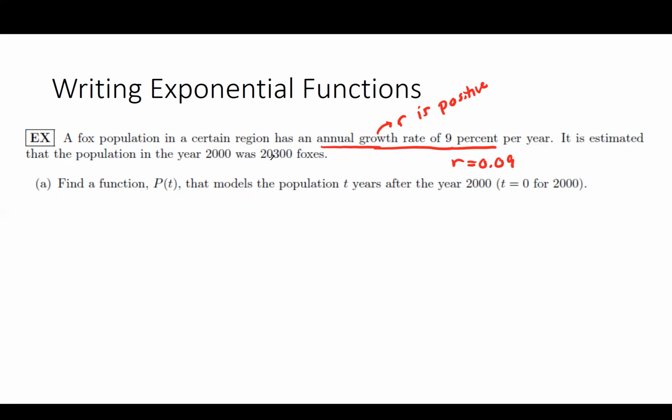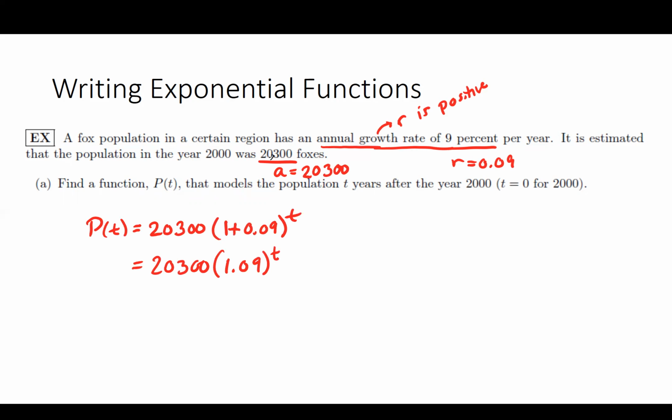I also know that my starting point is 20,300. This is my A value. My B value is 1 plus R, and my T value just represents X, where T is the number of years. So this is my function that will help me figure out how many foxes there are for T years after 2000. T equals 0 for the year 2000.